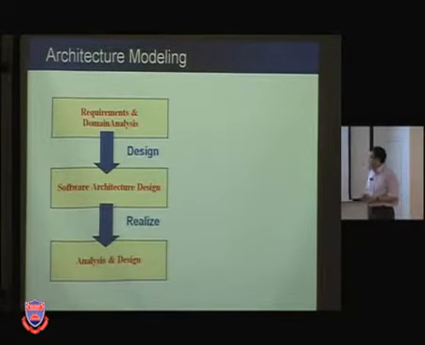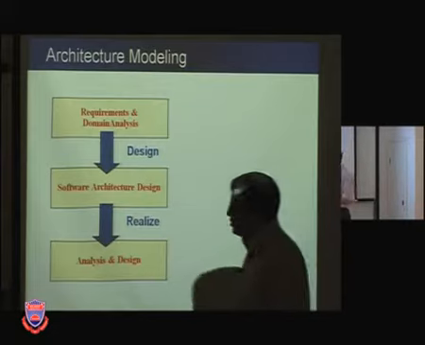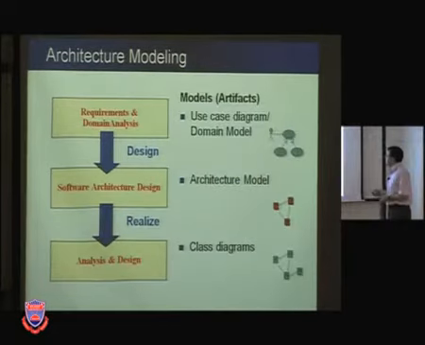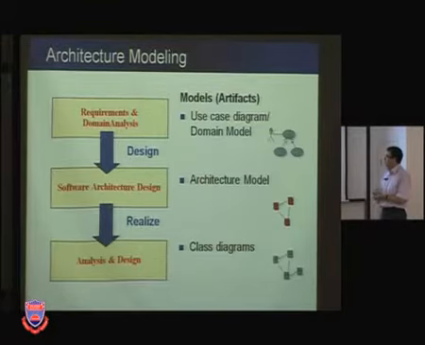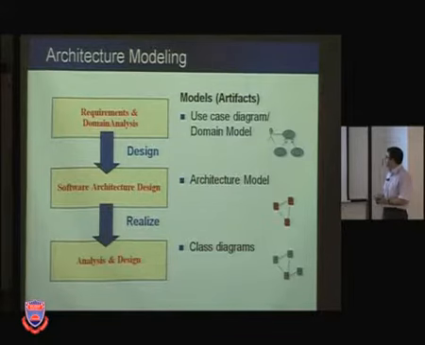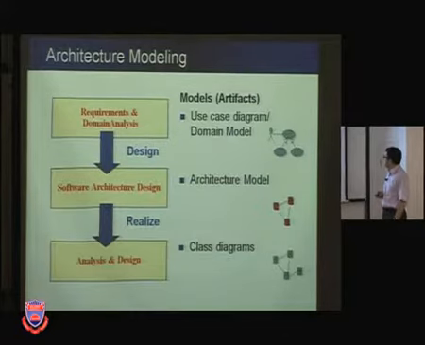If you look at some abstract level, as we said, typically we will start with requirements analysis and domain analysis, and then design the architecture. Realization will consist of detailed analysis and design. So in each of these phases, we develop artifacts, work products, typically represented as models.